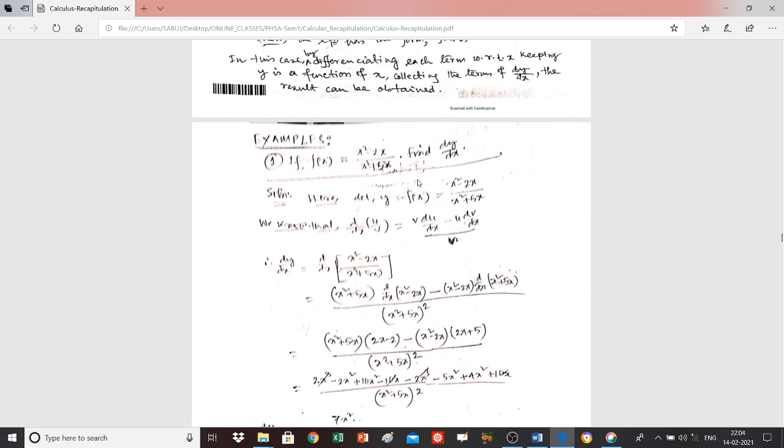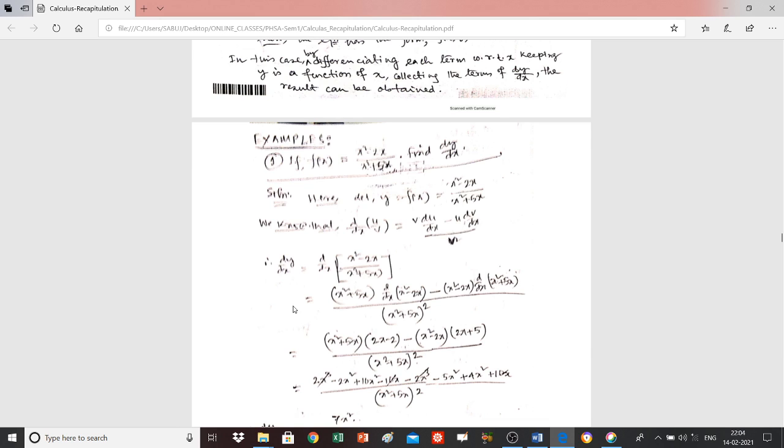The function has the form u by v, and you know that the formula is written here: v is taken first, with u as constant, then du by dx, then u is taken as constant, dv by dx, divided by v square. So here u is x square minus 2x, and v is x square plus 5x.